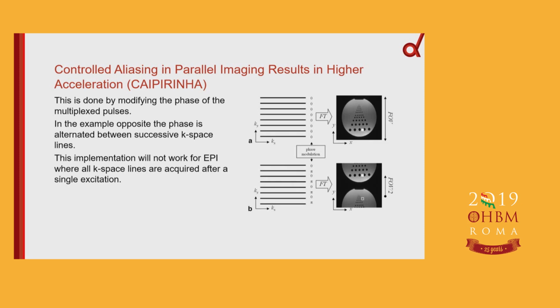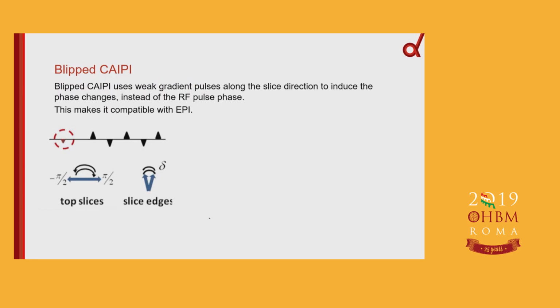So you need a way of getting the CAIPIRINHA, or as people prefer to say, CAIPI, to work just using gradients. And that came with the blipped CAIPI from Boston.